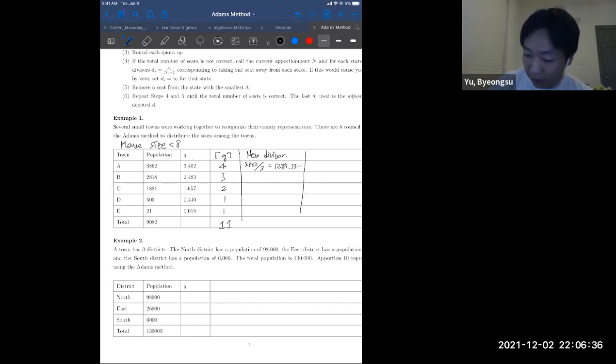For B, it is the population divided by 3 minus 1, which is 2, so it is 1409. And for C, it is 181 divided by 2 minus 1, which is just 1, so it is 18081.